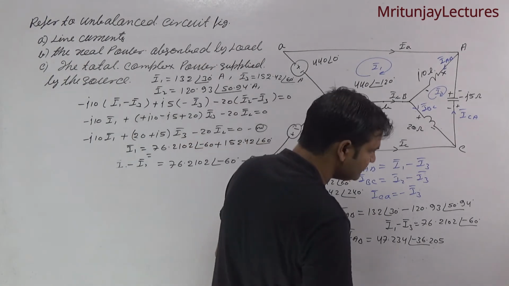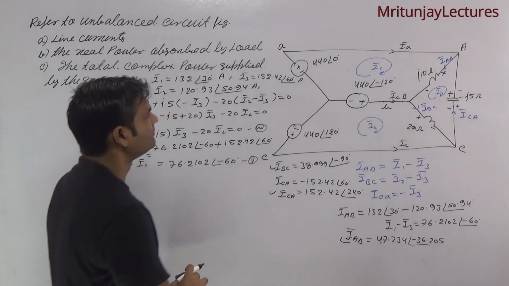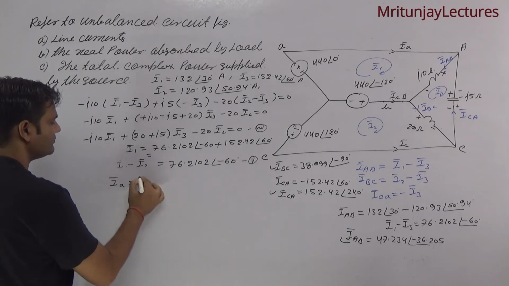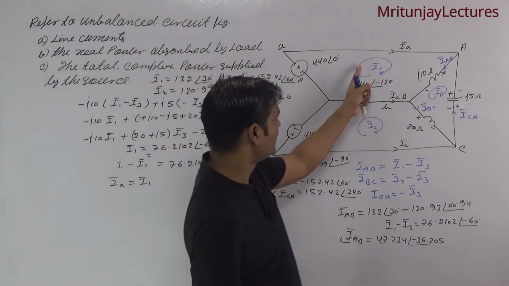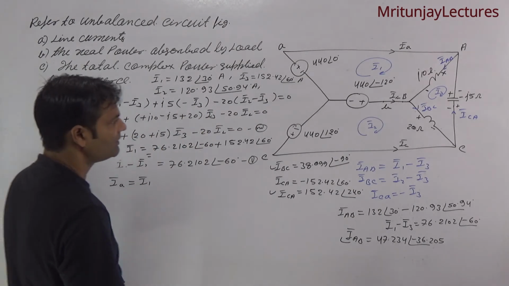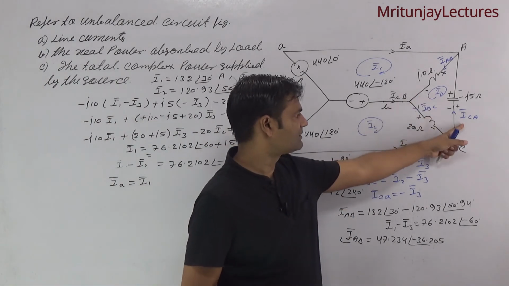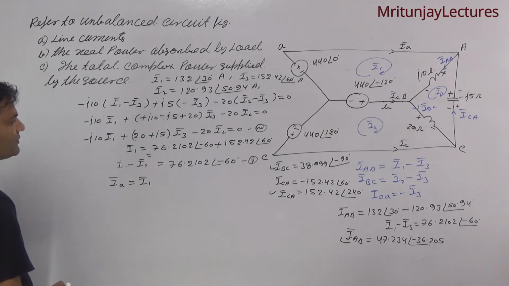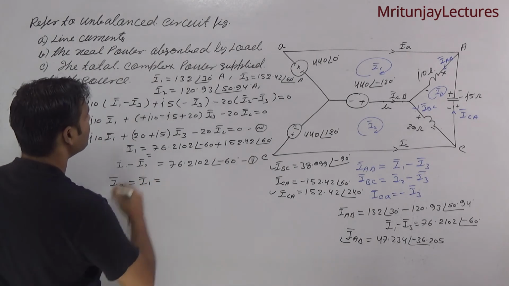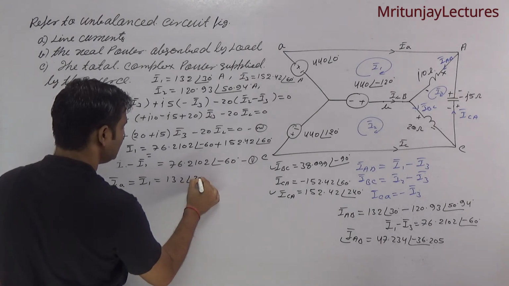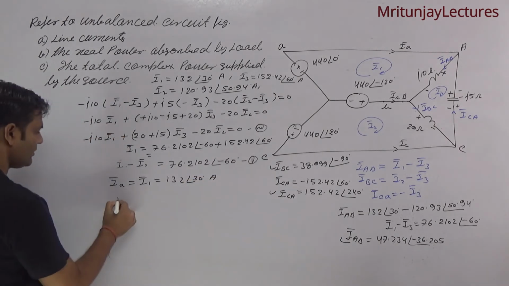IA is very clear, that is I1. You can also determine I of AB minus I of CA, then we get I1. So I1 is 132 at the angle 30 degree. What about IB?